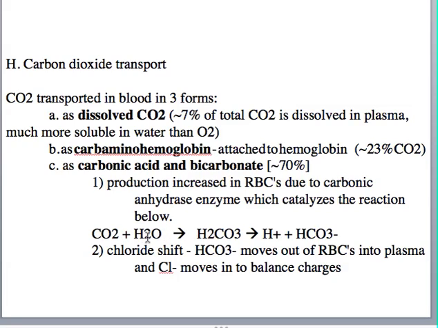But CO2 plus H2O with the help of carbonic anhydrase will form carbonic acid, H2CO3, which then dissociates into hydrogen ions and bicarbonate ions. And then we've got this chloride shift when the bicarbonate moves out of the red cell into the plasma and the chloride ion moves in to balance the charges.